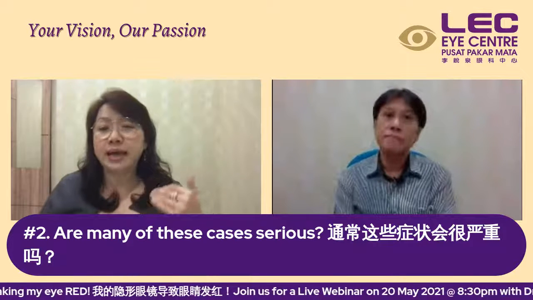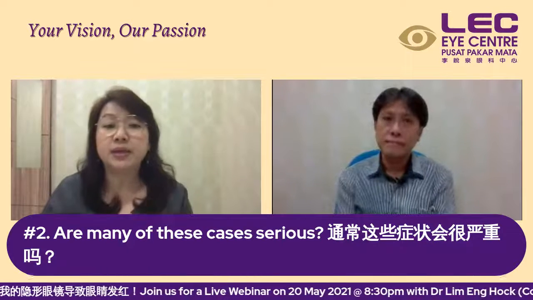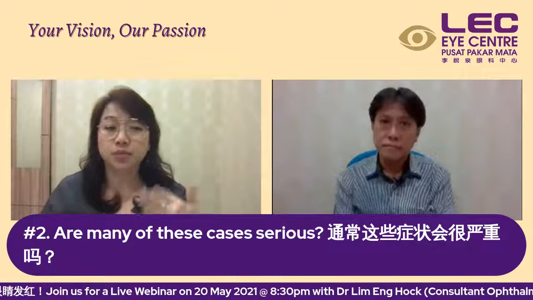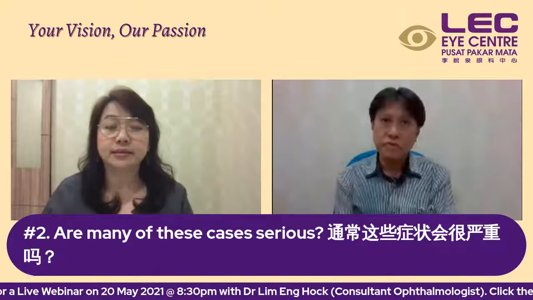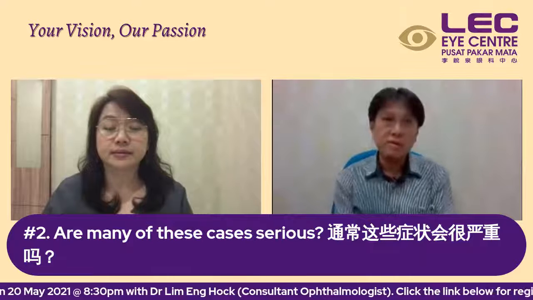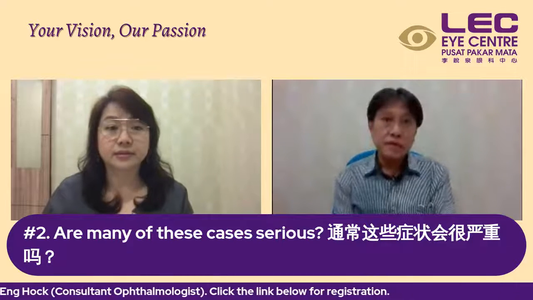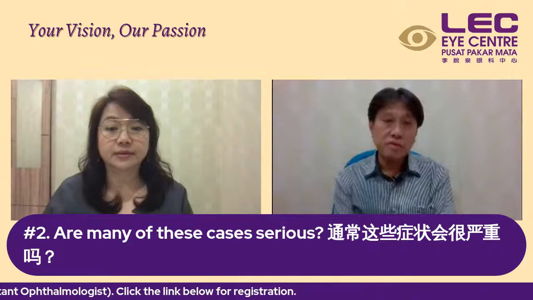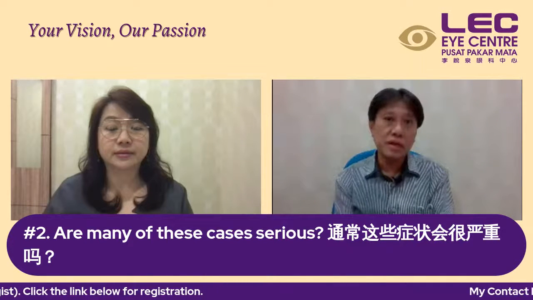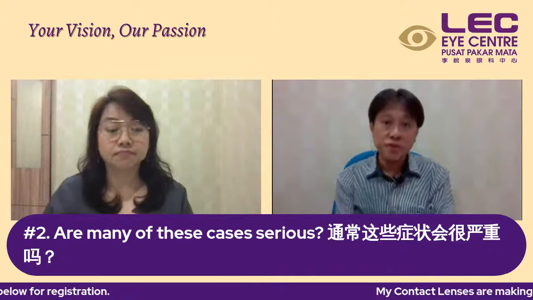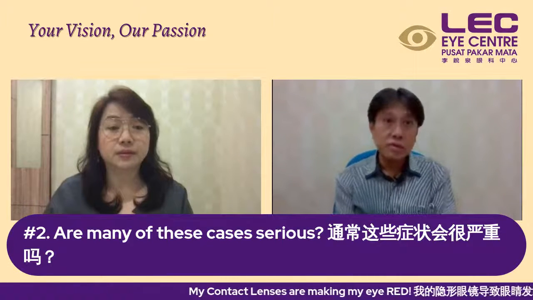Would any of these complications or cases be more serious than that? Well, of course, as I mentioned, occasionally you do get something more serious than just dry eyes. But the cause for these serious infections is actually the underlying dry eyes. Because when the eyes are very dry, especially due to contact lens wear, there will be erosions on the surface of the eye.